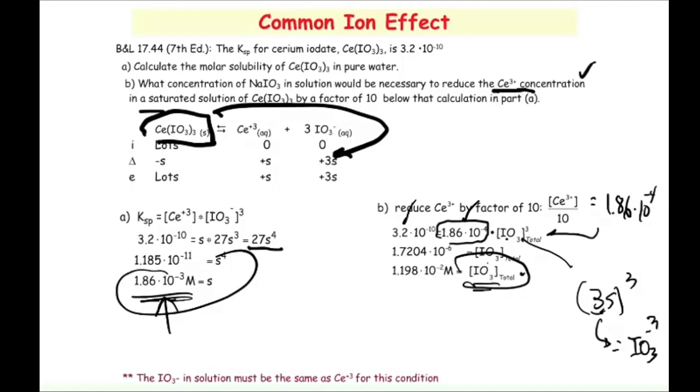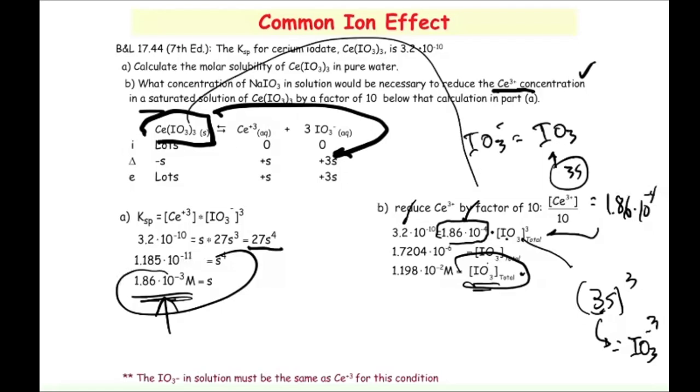Now, the total concentration at equilibrium is going to be the iodate, that's the 3S from the cerium dissolving, plus the iodate from the sodium iodate. The question is, what concentration of sodium iodate is needed? So this problem is not finished. That's just the total concentration at equilibrium.